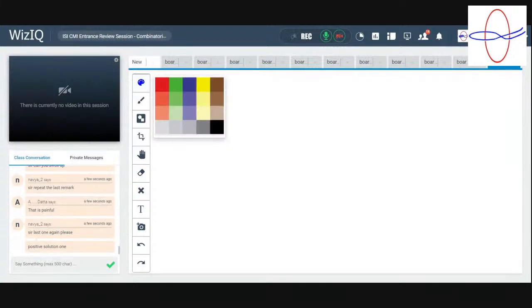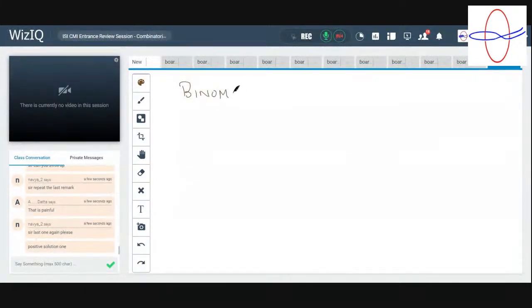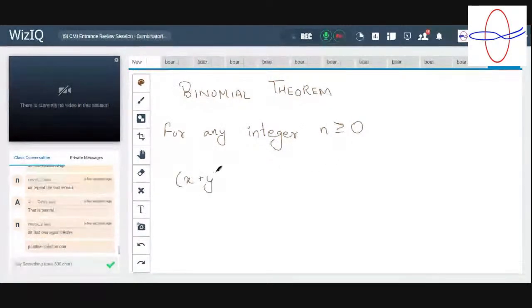So next you have the binomial theorem. Okay, so for any non-negative integer n, you can evaluate this expression as this summation if need arises.